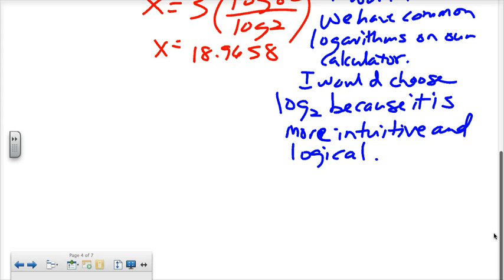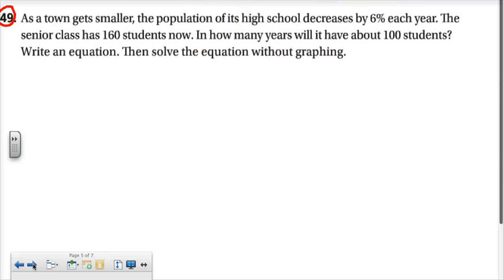And that's just a matter of preference. I do know some of the teachers here at Upper High School teach logarithm base 10 for just about everything. So it's just a matter of what you like, what you're used to, what's easier to remember.